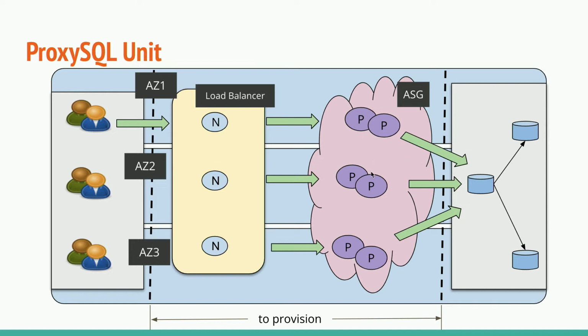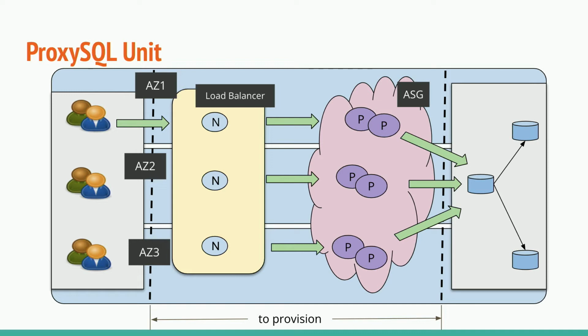We need to provision an autoscaling group, and all supporting AWS resources to make it work. The ProxySQL pool spans multiple availability zones. So if you create a load balancer in AWS, you specify in what subnets you want this load balancer to be deployed. And virtually, it looks for you like one entity, right?